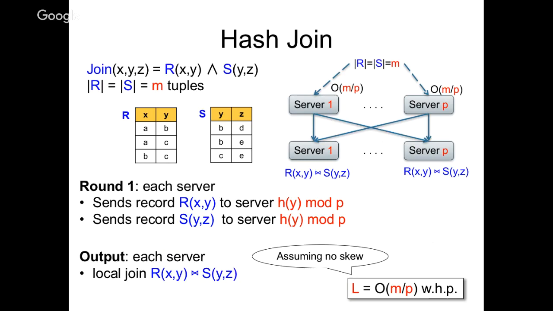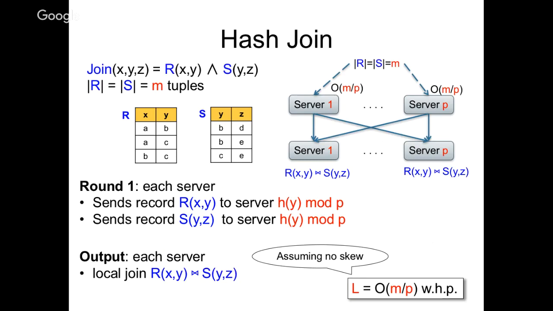And if S is much smaller, they just broadcast a copy of S to every single server. And then they compute the join locally. Of course, that load will be as big as the size of S. It is only good, both theoretically and practically, if the relation S is much smaller than the relation R.